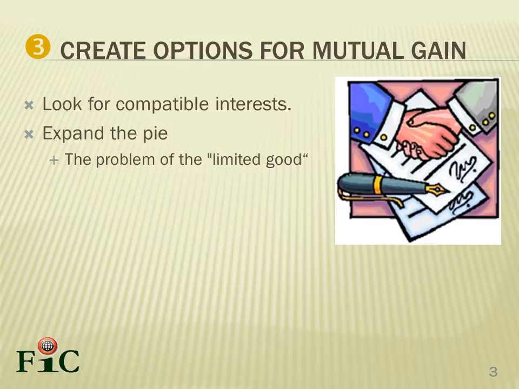They've come up with a new product, a new device, or a new service that suddenly people want. And what that does is it means that the person who's working in that company is not taking jobs away from somebody else. They've created an entirely new segment of jobs. It creates good. So in order to create options for mutual gain, we must get away from the idea that there is only one pie and we're going to have to fight each other for it.